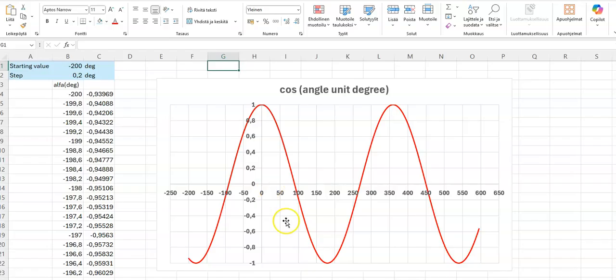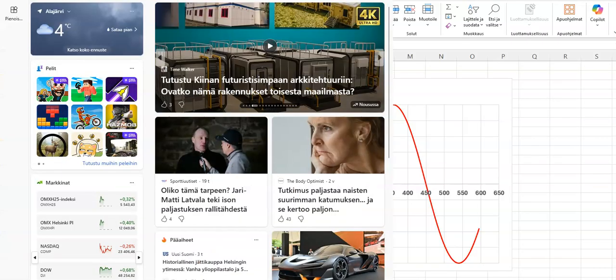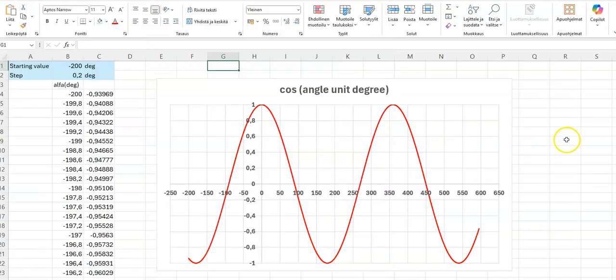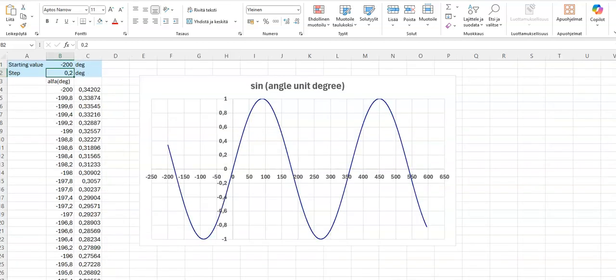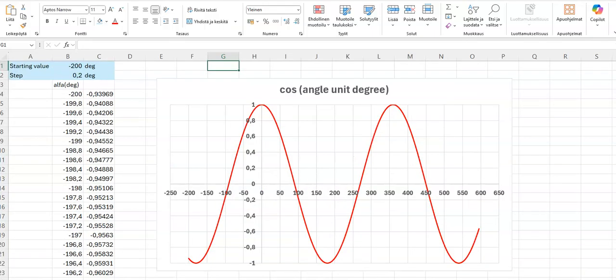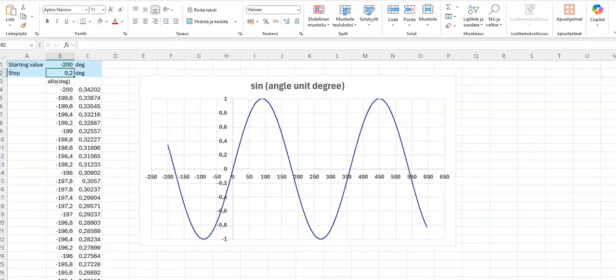I have drawn the cosine curve there, or Excel has drawn that picture, and we see that it looks very similar to this sine curve there. I will change the view. Here is the sine, here is the cosine. They are a little bit different.